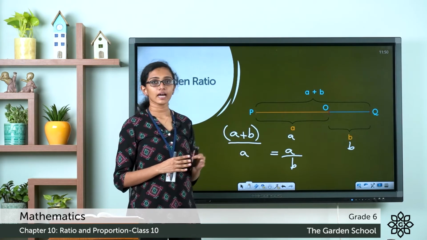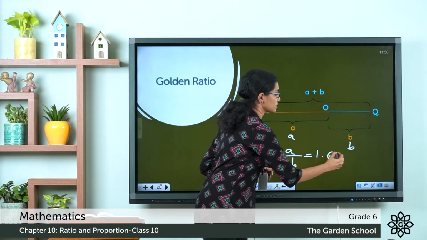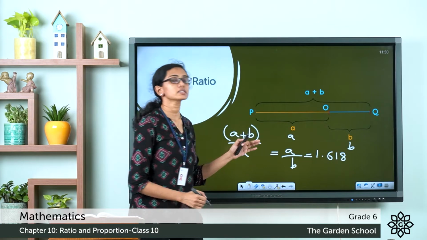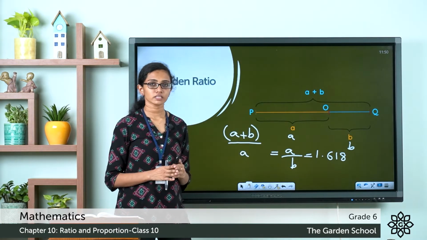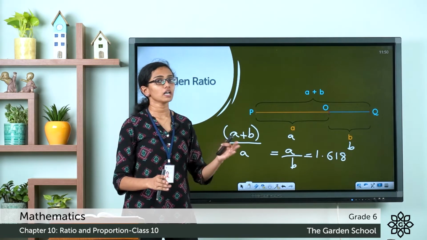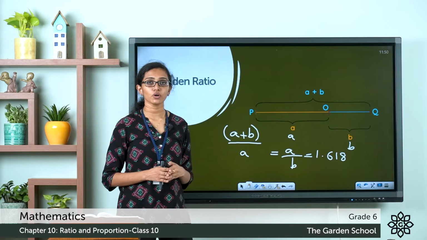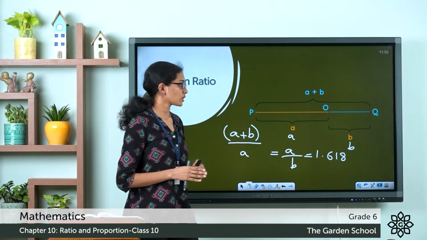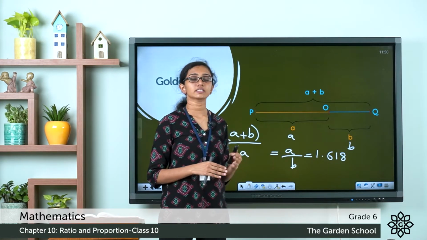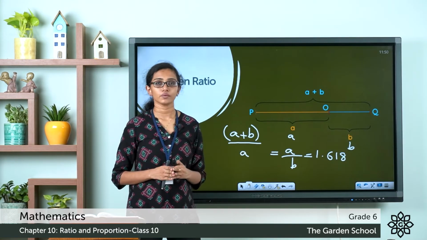And we find that this is equal to a number which is around 1.618. That is, if PQ has a specified length and you divide it into a longer segment and a shorter segment and take the corresponding ratio, you will see it is around 1.618, and this number is called the golden ratio.